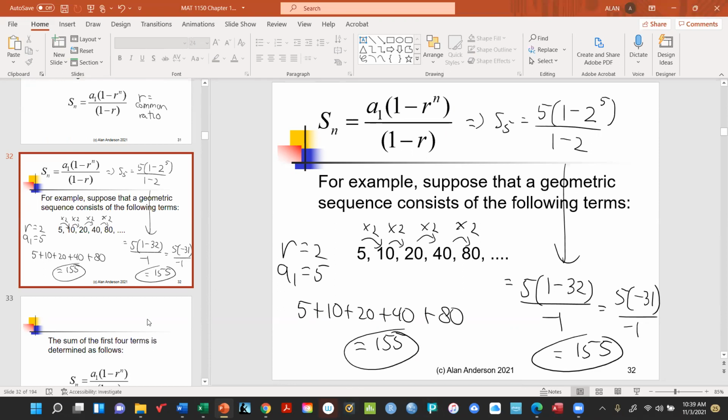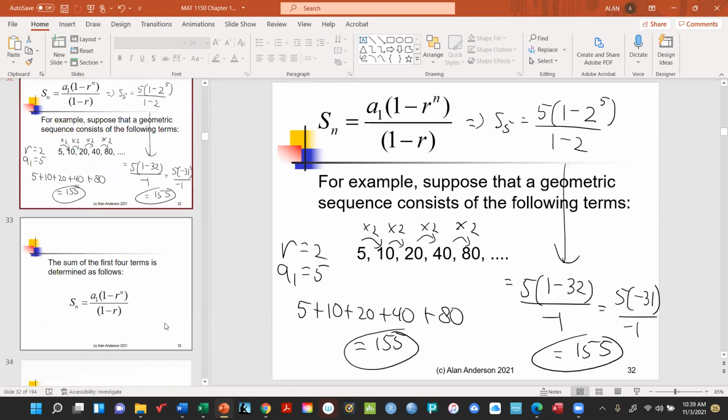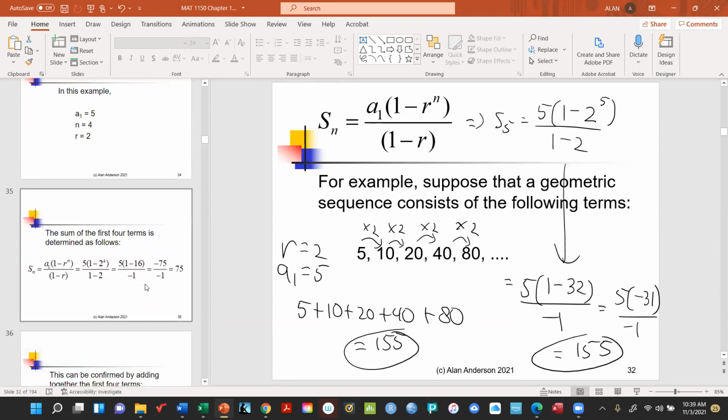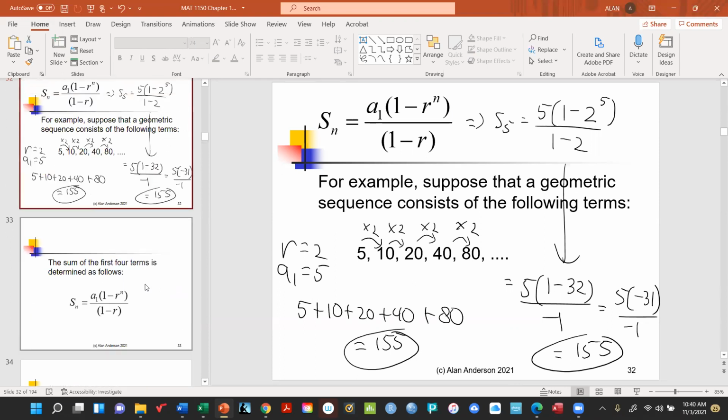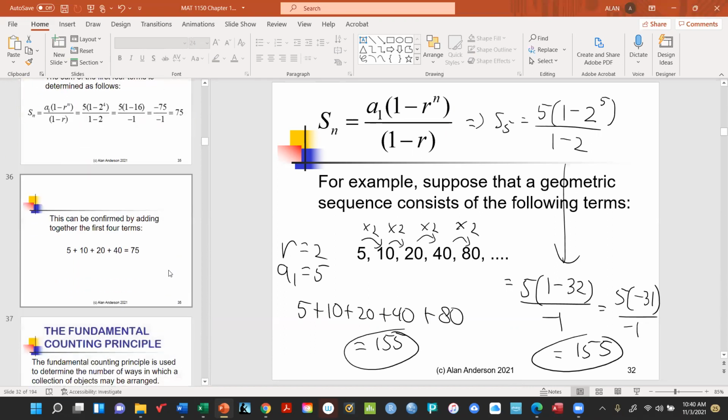So that wasn't so painful, but sometimes these numbers can get very complex. The actual logic isn't, well, it can get very messy.